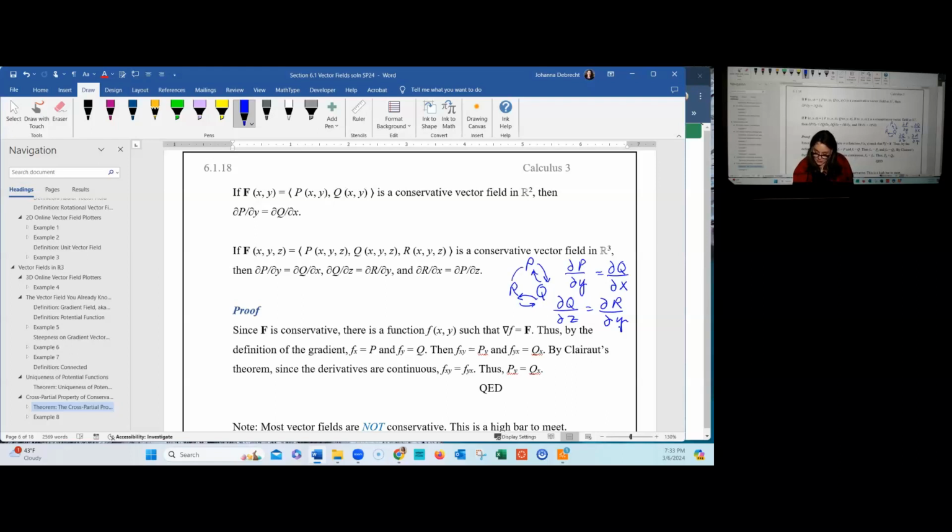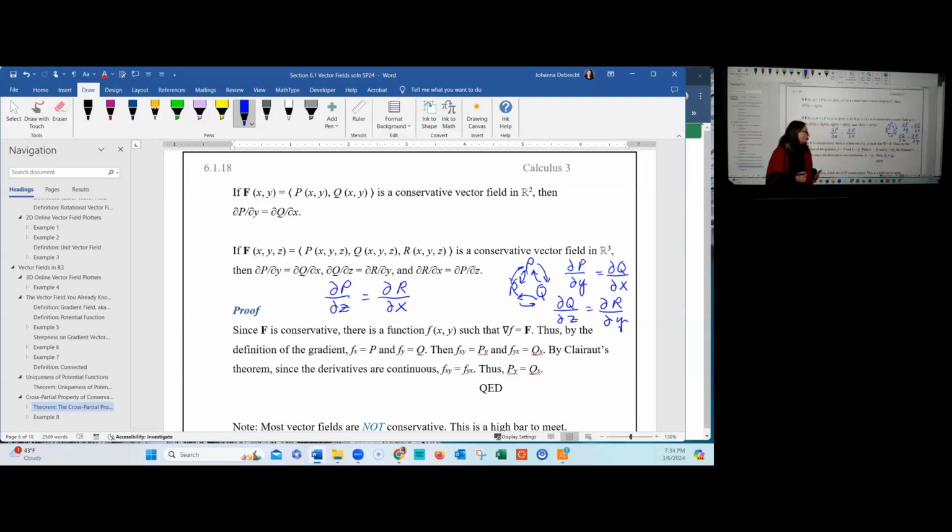And finally, our last relationship is going to be the one between P and R. The partial of P with respect to the variable that R represents, which is z, has to be equal to the partial of R with respect to the variable P represents, which is x. When you only have two, it's not so difficult to figure out. The cross partial means you cross them up. When you have three, it's easier to represent them in a circle and to represent them as double-sided arrows to show the relationship.